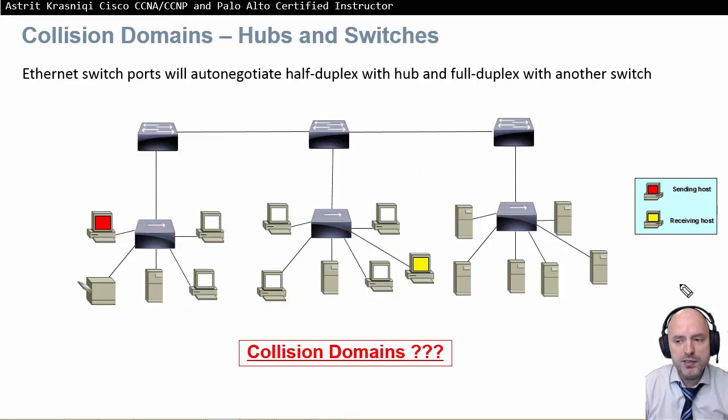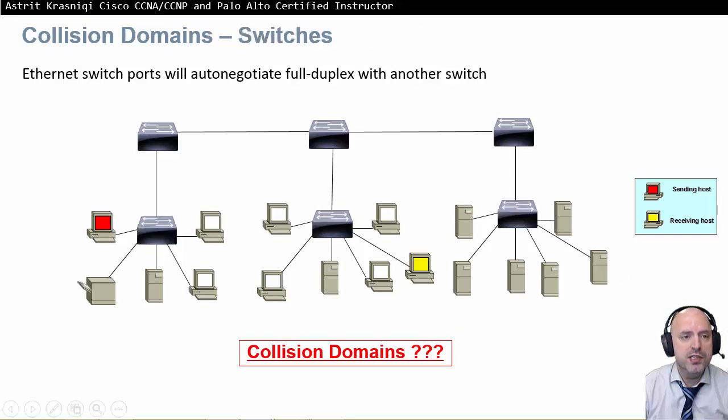If I change it a little bit, say I'll change it to here. So now everything is switches. So how many collision domains now? Now you can send and receive at any time, yeah? So we have a collision domain here. So 1, 2, 3, 4, 5.